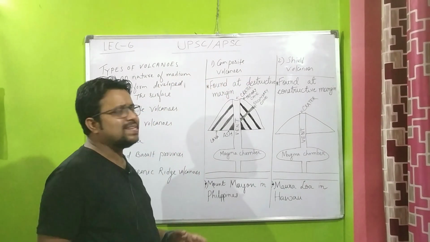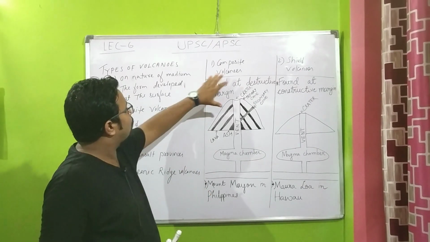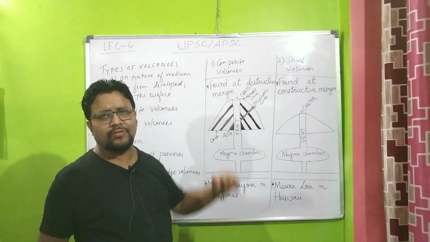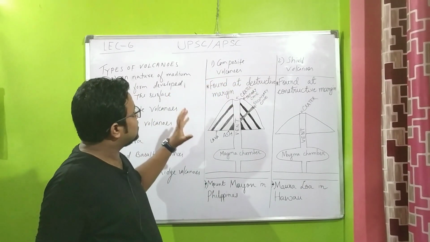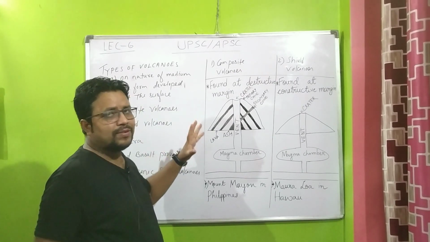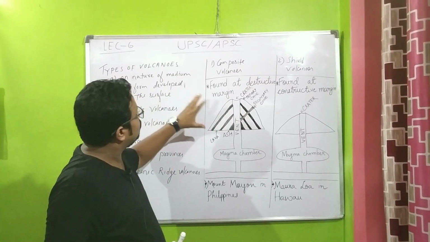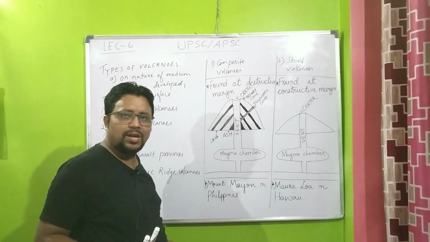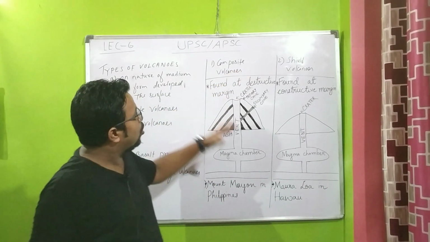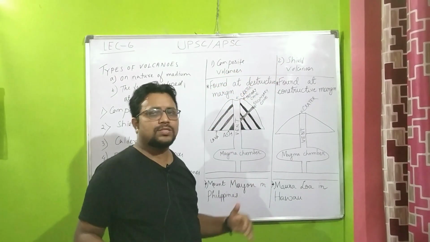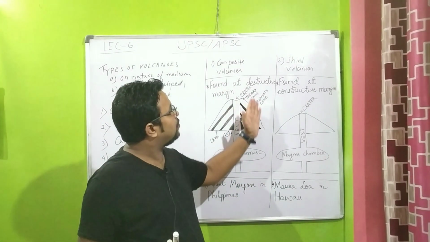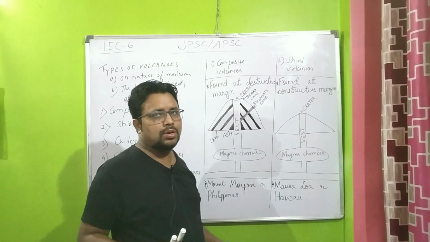Now, I already discussed the composite lavas and seal lavas. All the features of composite lavas will be the same as those of composite volcanoes. Similarly, all the features of seal lavas will be the same as those of seal volcanoes.